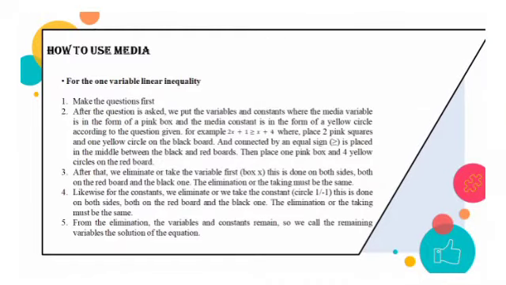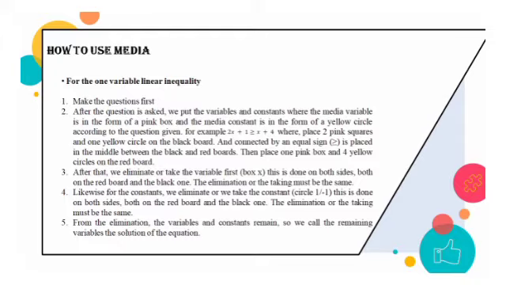Second, for the one-variable linear inequality, there are several provisions. First, make the inequality. Second, after the inequality is set, we put the variable and constant, where the media variable is in the form of a pink box and the media constant is in the form of a yellow circle, according to the inequality given.